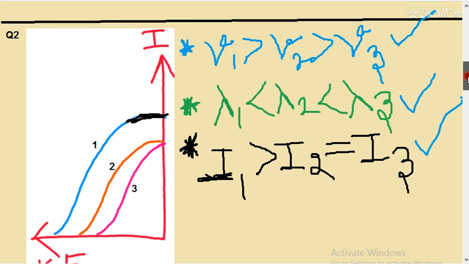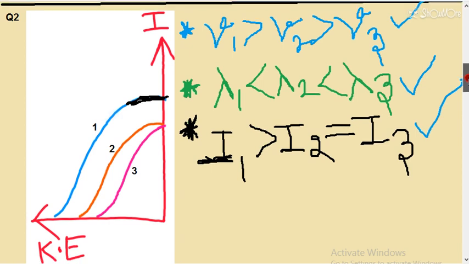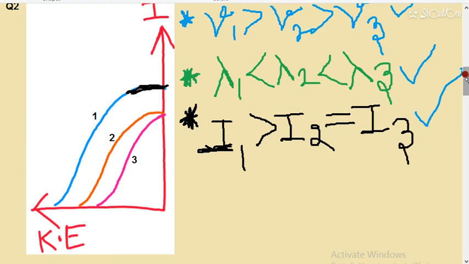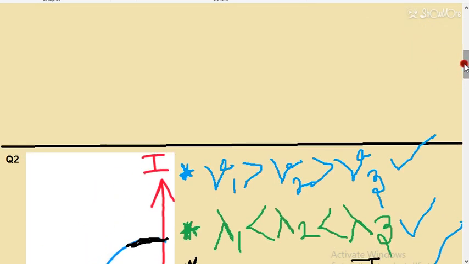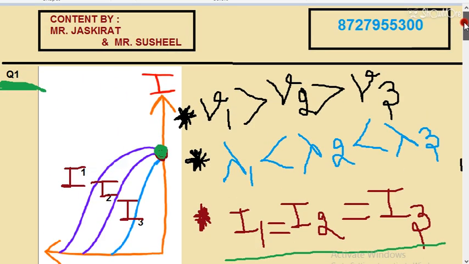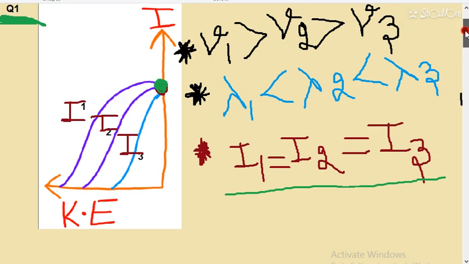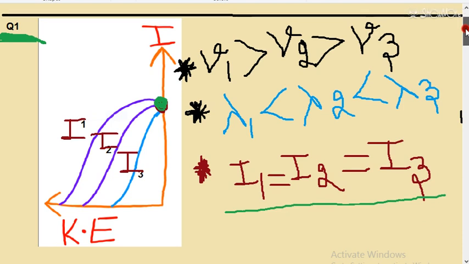The frequency relation, intensity relation and wavelength relation will be there. You can note down the solution, please. Moving to question number 1, which is on screen. The intensity relation is there, the wavelength relation is there and the frequency relation is there. You can note down the solution, please.